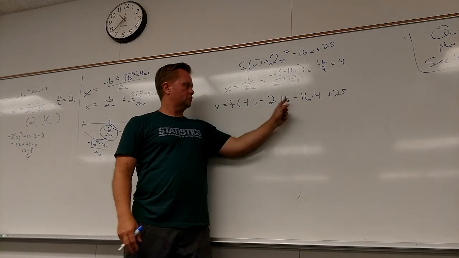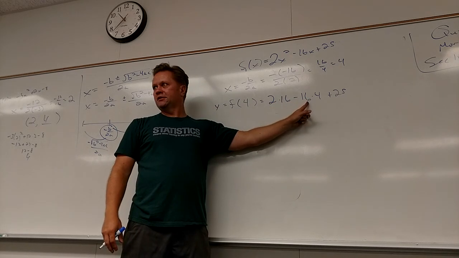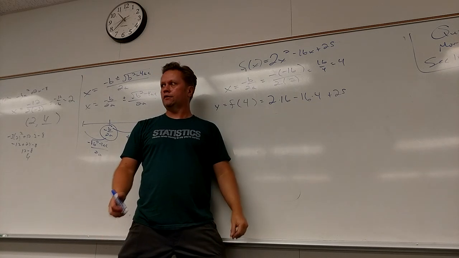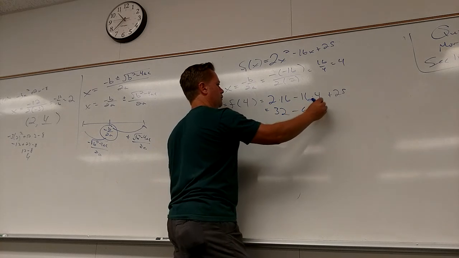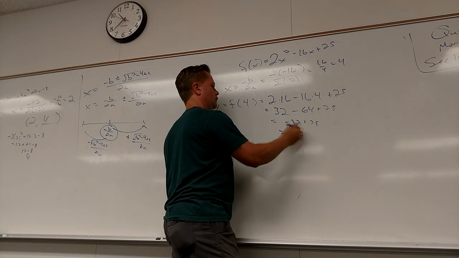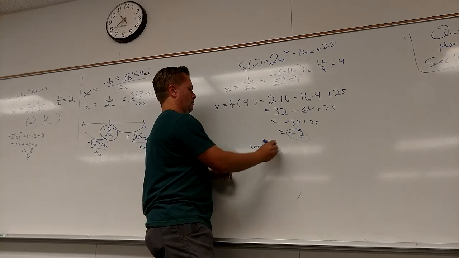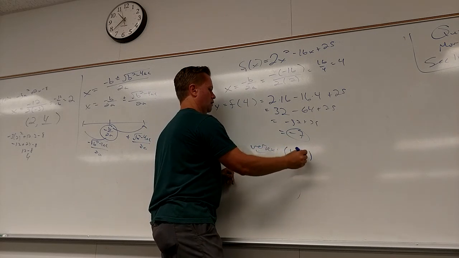Or you do each one: 32 minus 64, negative 32 plus 25, negative 7. So what's the vertex? 4, negative 7. Love it. Okay, that's good.